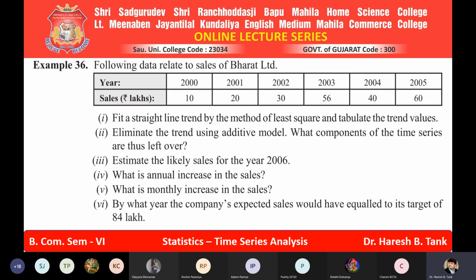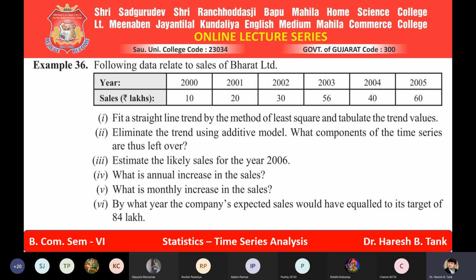The third thing: estimate the likely sales for the year 2006. That you know how to do, because we did it in the last few examples. Estimating for the future, that we can do.